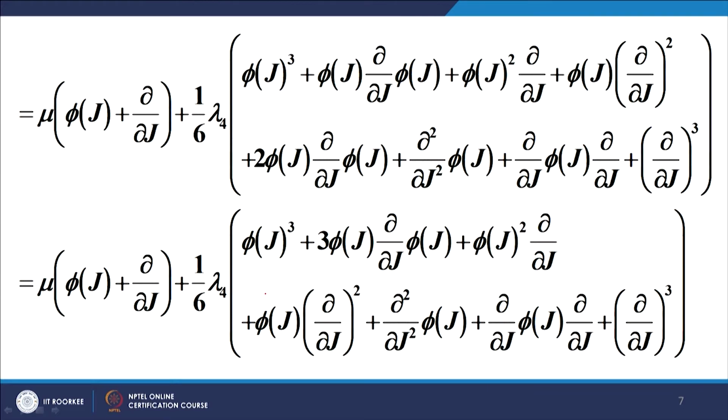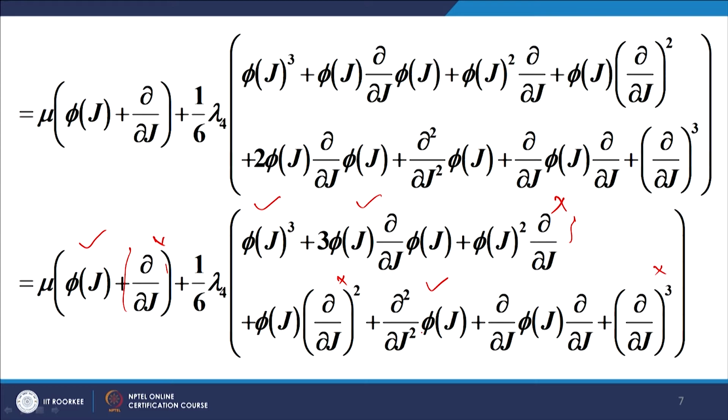That is, the terms that have d by dj operating on the unit functions will not contribute anything. For example, this term will not contribute anything, this term will not contribute anything. Similarly, this term will not contribute anything, and this term will not contribute anything. So, the terms that contribute are this term, this term, and this term.